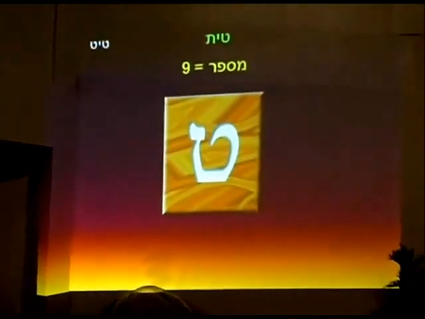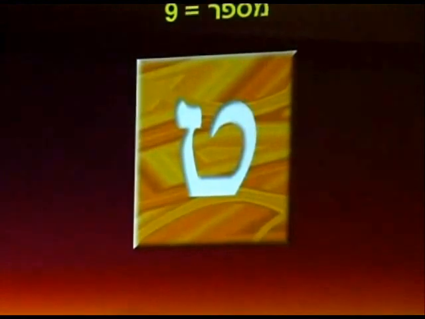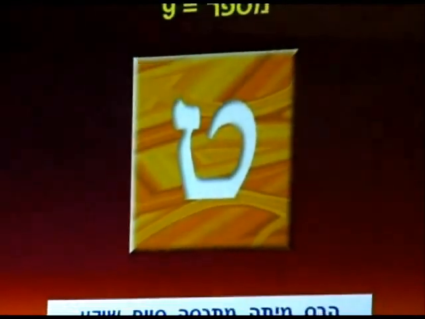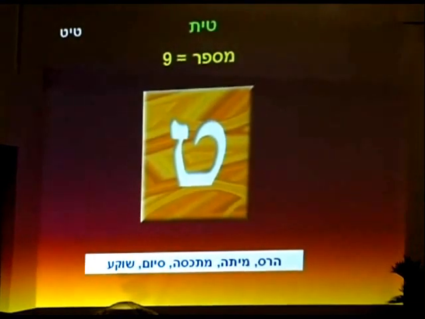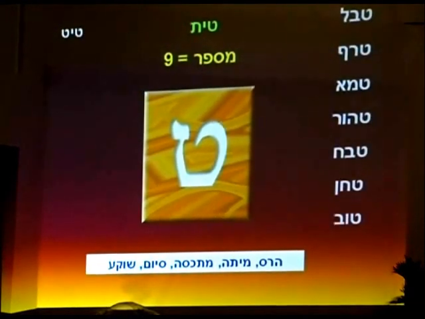Tet, number 9, like tit, like lead, like clay. It usually has to do with death, destruction, covering up the end of something or something falling deep. As you will find, taval, to immerse, taraf, to grab by force, tameh, unclean, or tahor, pure. Look at how you have the opposites here, tameh and tahor, beginning with the exact same letter, but having a totally opposite action because of the other letters being different.